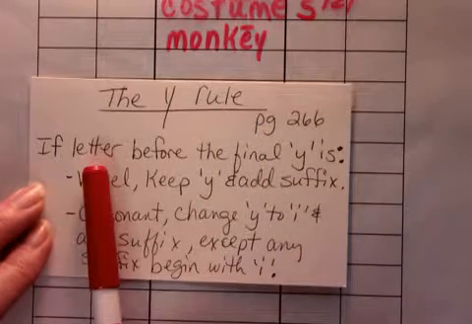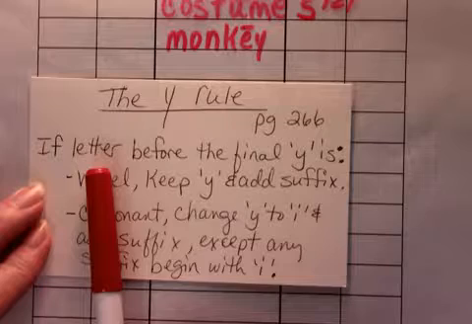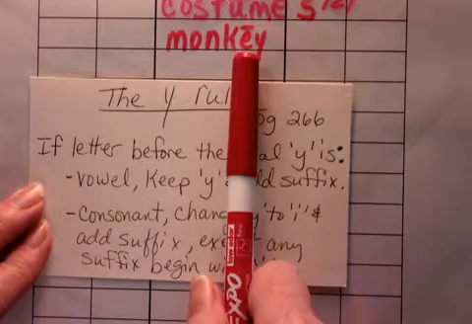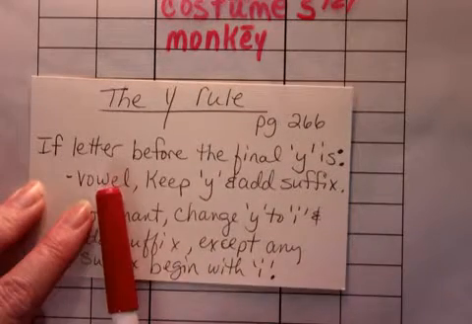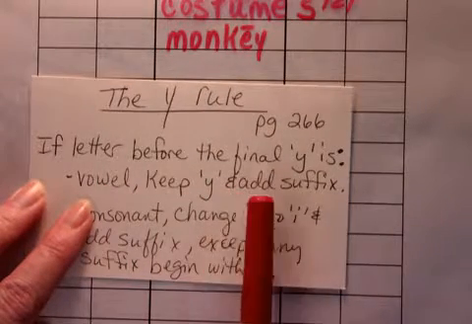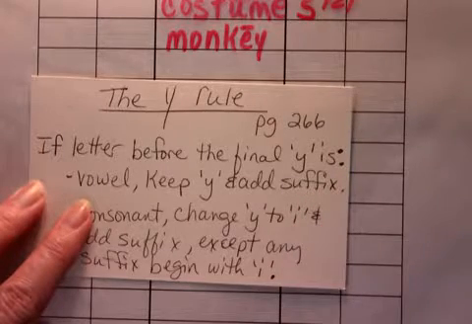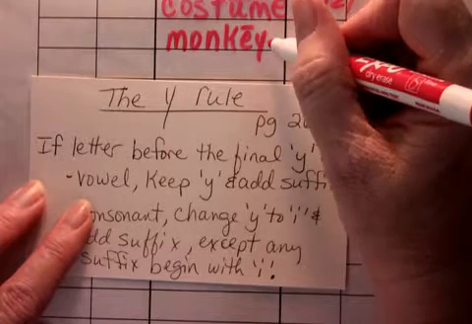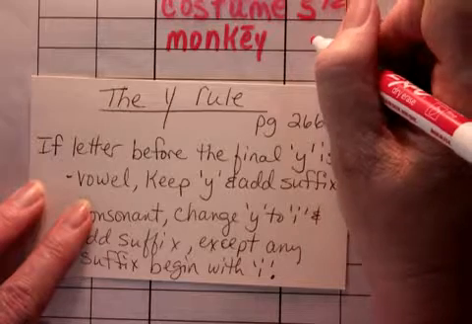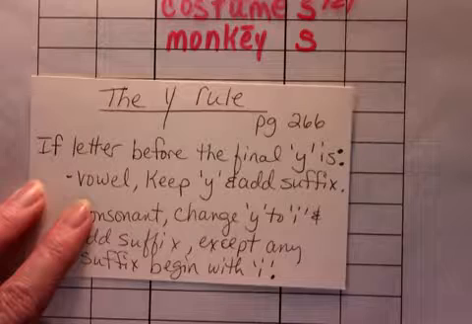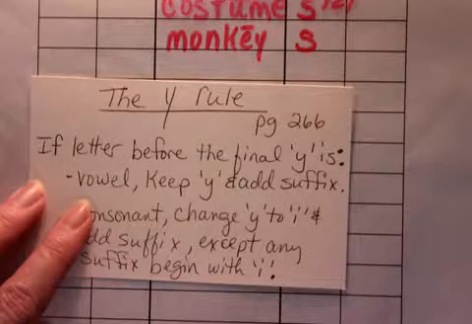The card says if the letter before the final Y is a vowel, you will keep the Y and add the suffix. We will keep the Y and add the suffix S. Monkeys.